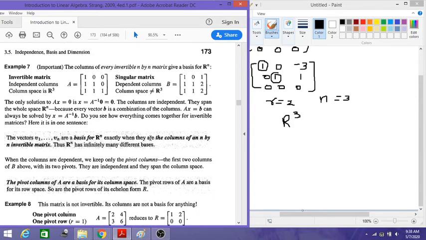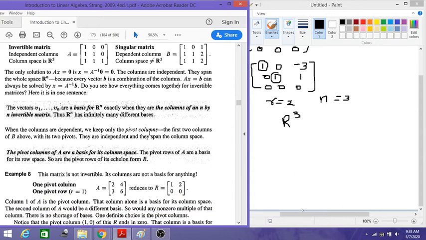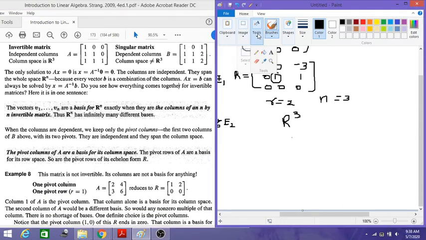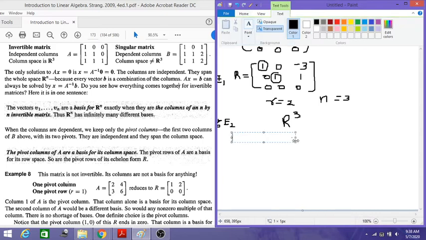So if we generalize these terms, let me write the generalized statement here.